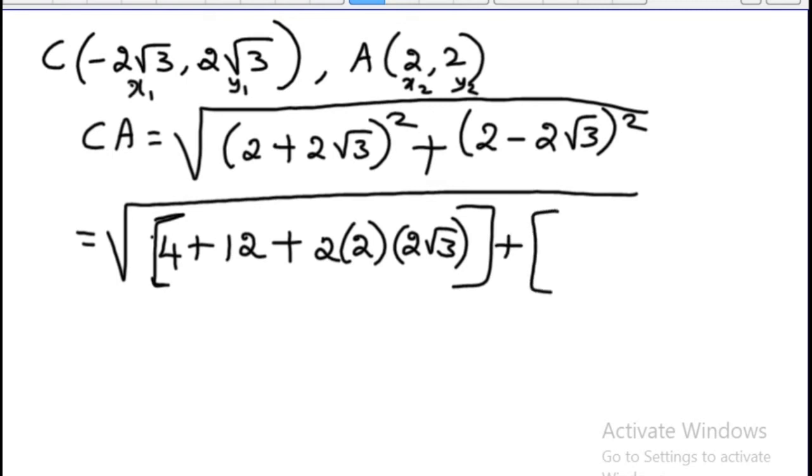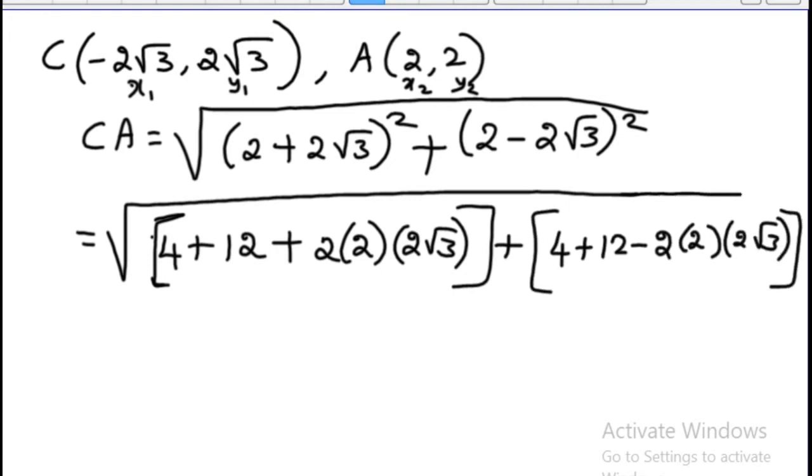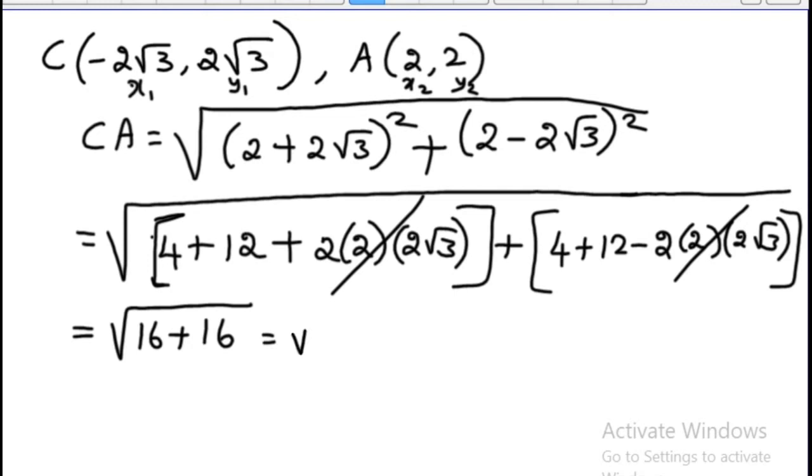So 4 plus 12 minus 2 into 2 into 2 root 3. Therefore this minus term and plus term will be cancelled, because everything is in addition, so plus minus will be cancelled. So root of 16 plus 16, that is equal to root of 32. This is the value of CA.